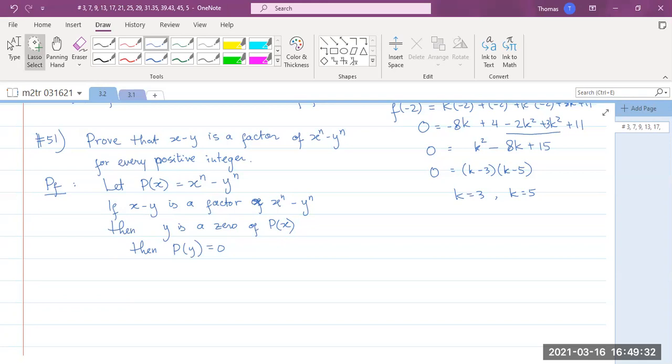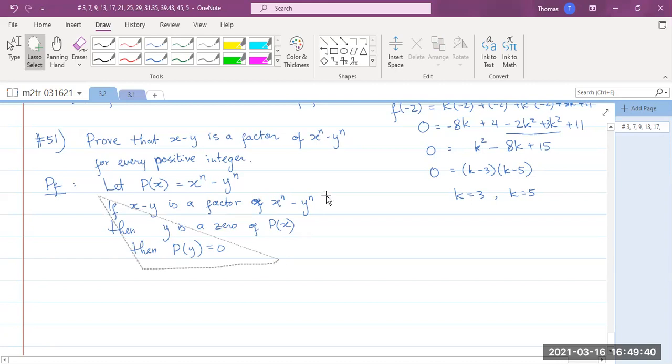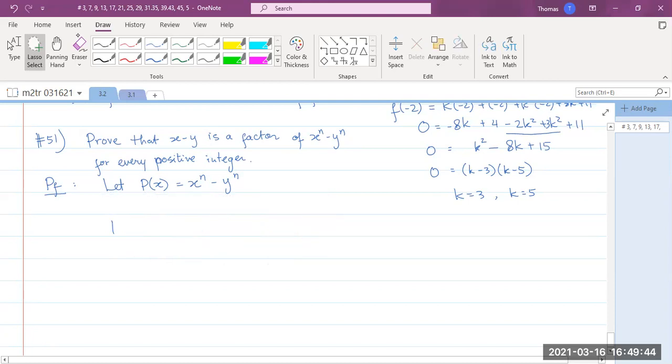Okay, now let's redo this. At least we get the idea already. We'll do it that way. So p of x equals to that. Now p of y, therefore, is y to the n minus y to the n. That's 0.